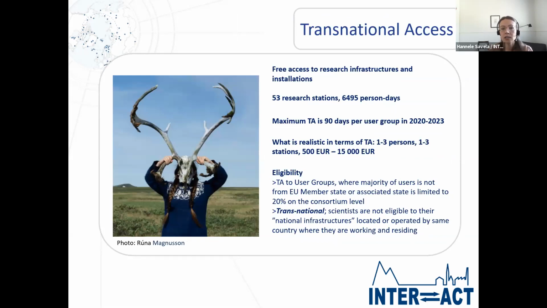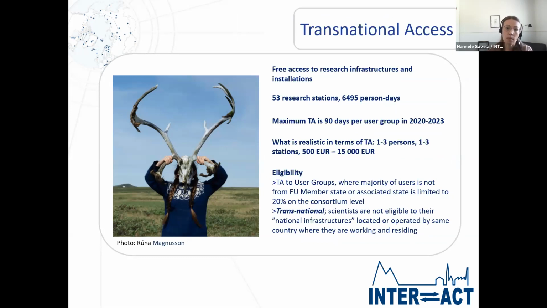What transnational access means is free access to research infrastructures and installations. In other words, free access to these research stations offering access. We have altogether 53 research stations that are offering access, and the total volume of access provided during our 4-year funding period is 6,495 days.